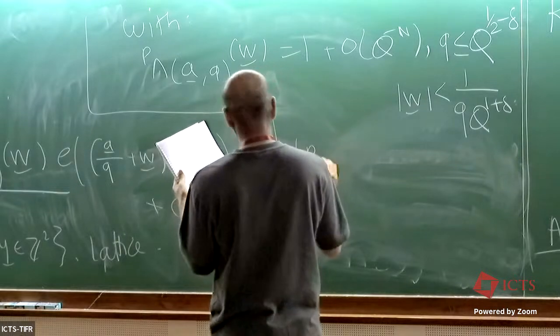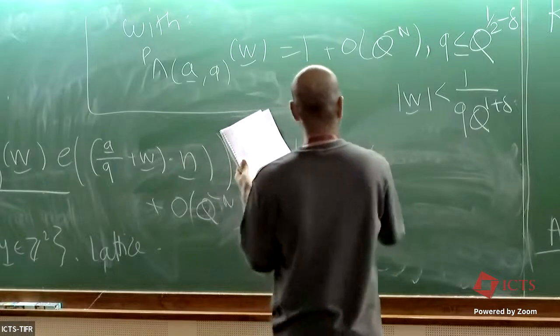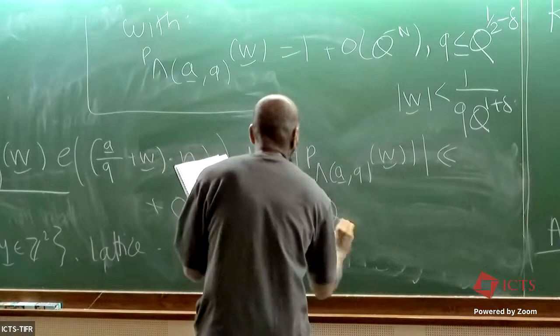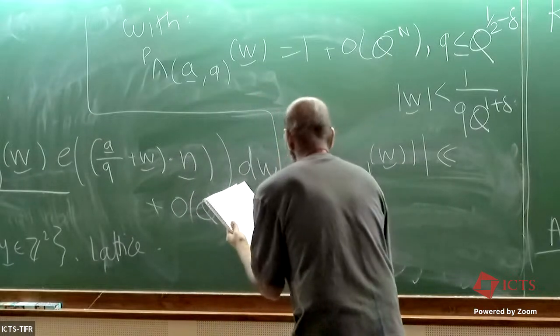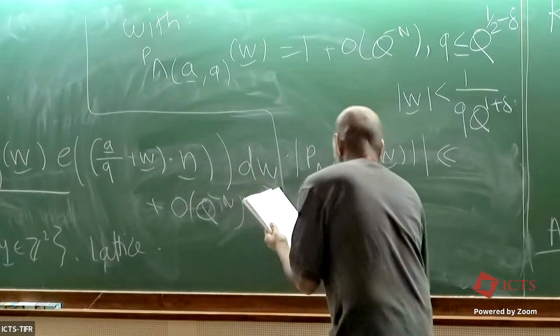now we also have the following decay property for these functions. So P_AQ of W can be bounded. This is not the best bound one can get. You actually have better information, but I'm not going to write it here.